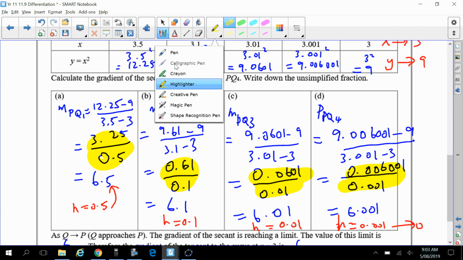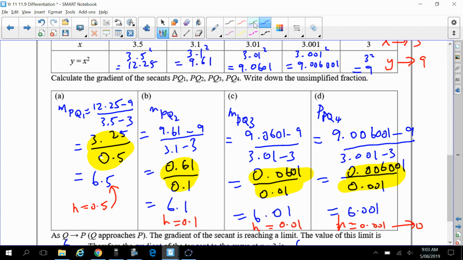Okay, hopefully you all have it in front of you. Notice that both the numerator and the denominator are approaching what? 0. It's getting smaller and smaller. But yet when you divide something very small, you still don't get small, you get 6. That's why it's called infinitesimal.